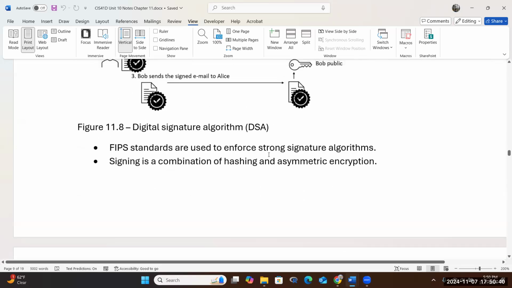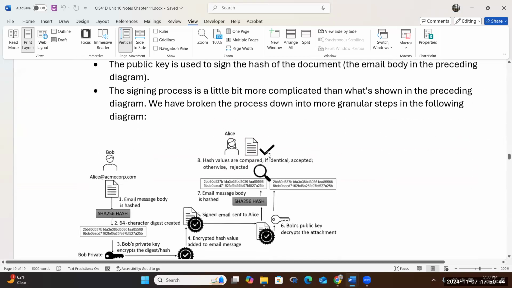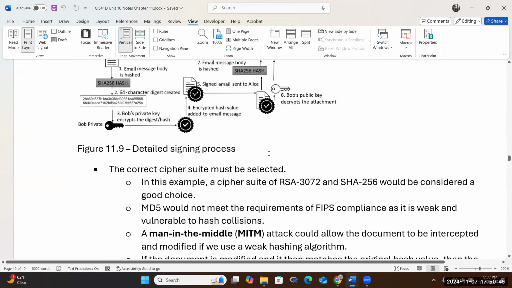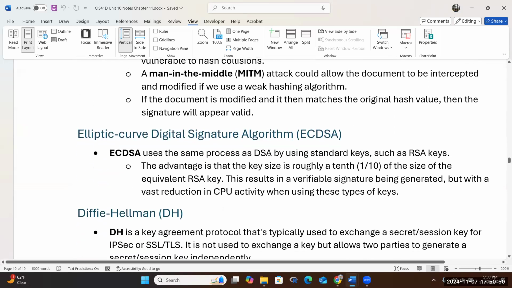Now that's the traditional DSA. And then when you compare that with your ECDSA, which is elliptic curve digital signature algorithm, elliptic curve is used for its portability and fast performance. Okay. So it's the same process with the standard key and the key distribution or transmission, very close to your RSA as well.